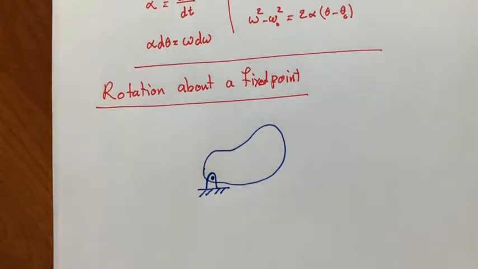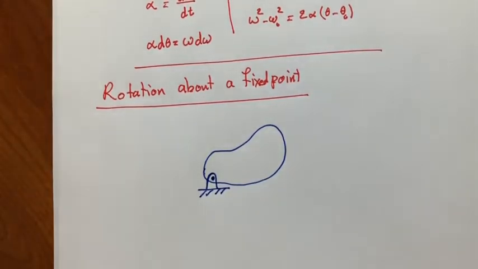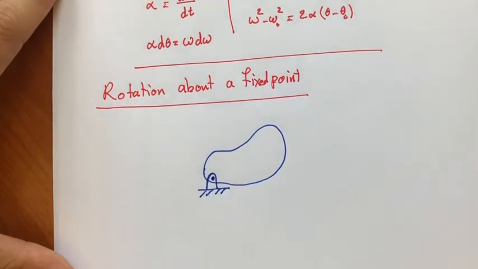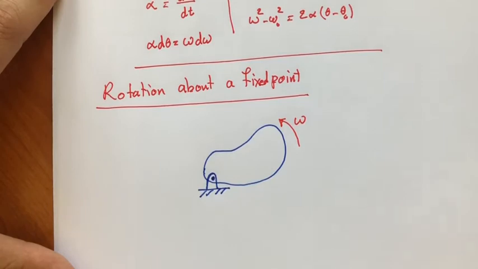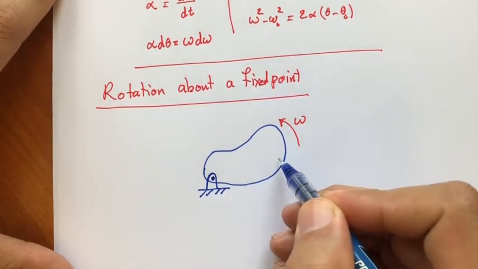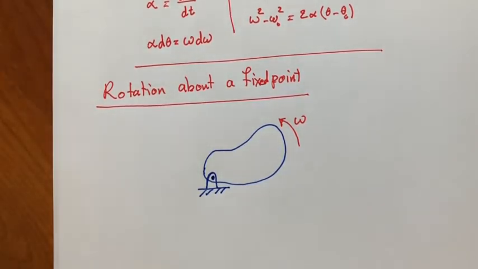So if I ask you what is the velocity of this rigid body, then you should say velocity of what point? Because if the rigid body is rotating with angular velocity of omega, then the velocity of this point of the rigid body is going to be totally different than the velocity of this point or this point, right? Each point of the rigid body is going to have a totally different velocity.